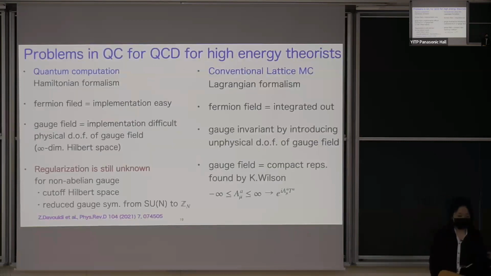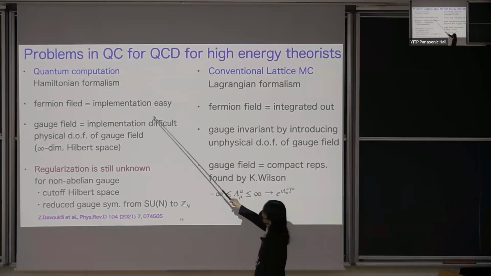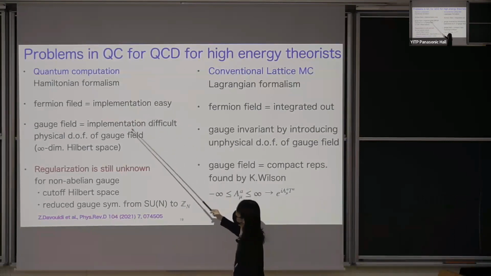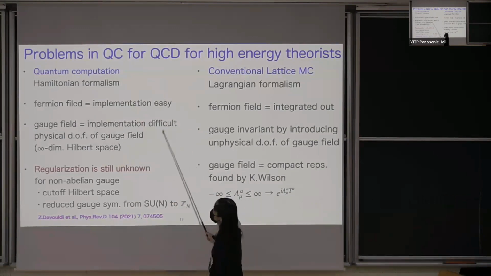But of course, we have several problems we have to solve. The severe problem is here for our high energy theories. As I explained, for quantum computation based on the Hamiltonian formalism, implementation of the fermion field is rather easy.